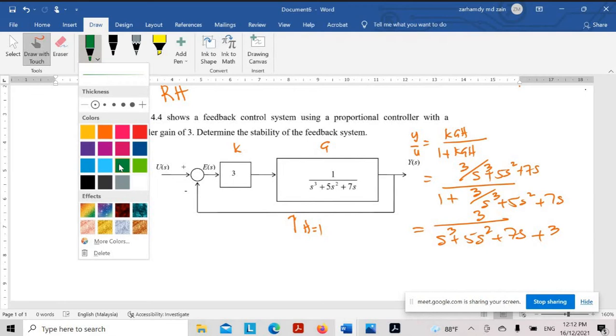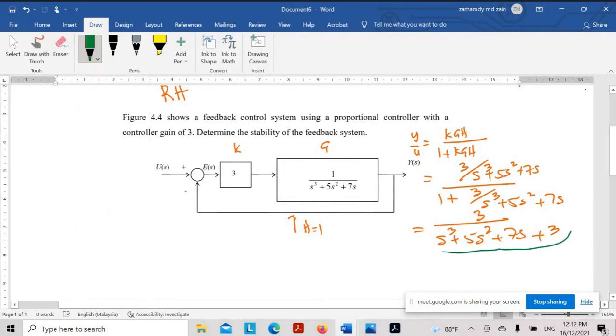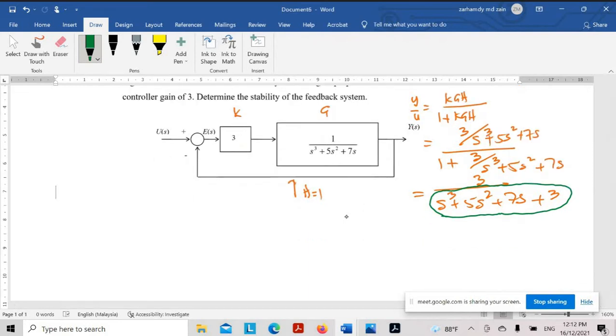We only use this as the reference to analyze our system condition. So from here we have S to the power of 3, S squared, plus 7S, plus 3.